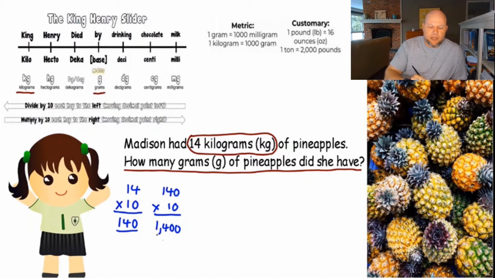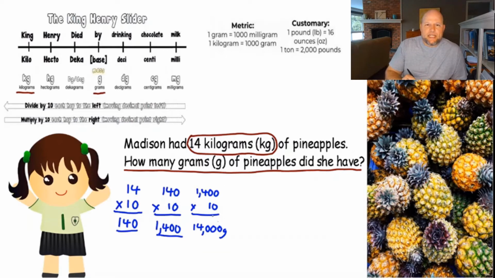So we have to multiply this number by 10. 1,400 times 10 gives us 14,000 grams. So to answer this question, how many grams of pineapples did she have? Madison had 14,000 grams of pineapples.